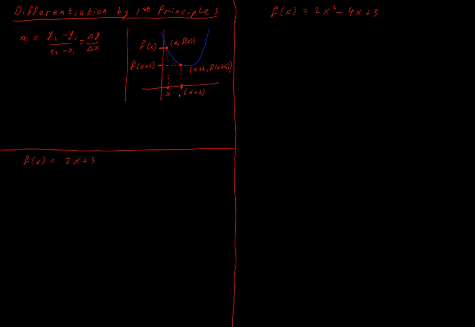Now, a little bit of a word on how I've marked my points here. My first point is at x, and I'm able to read this coordinate very straightforwardly. In the door x, up the stairs f of x. Perfectly normal. We've done this for years. Now, a point x plus h is a little bit different. So what would we mean by that?